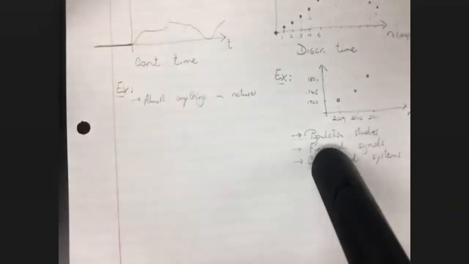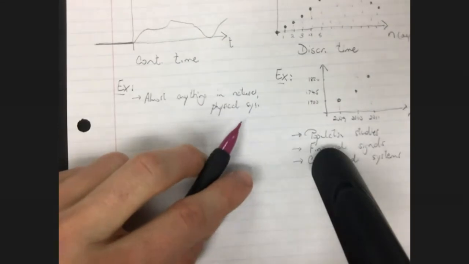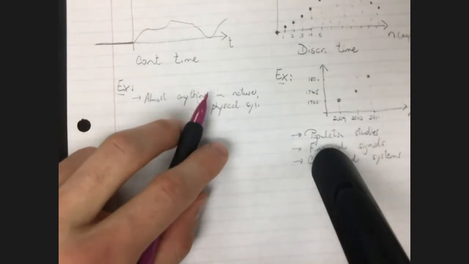So really anything in nature or any physical system, that's going to be continuous time. So notice there are some specific applications here for discrete time, but almost everything is going to be continuous time.